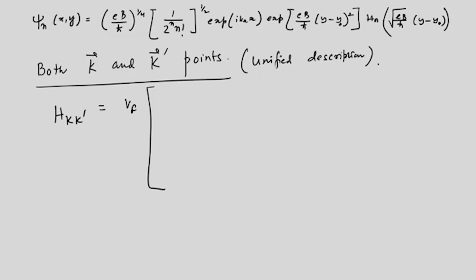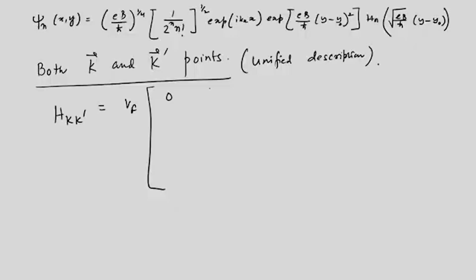And in graphene, fortunately or unfortunately, the spin orbit coupling is quite weak. So, this is a 0 and a px plus ipy and a 0 0.